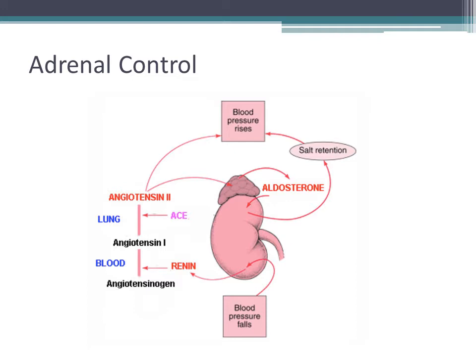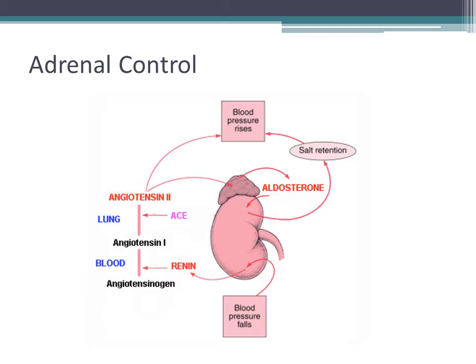So how is the adrenal aldosterone control regulated? Well, mainly through the renin-angiotensin system. For example, here, starting from the bottom, if the blood pressure falls, renin is secreted, which converts angiotensinogen into angiotensin 1.